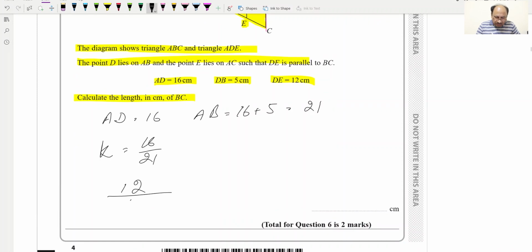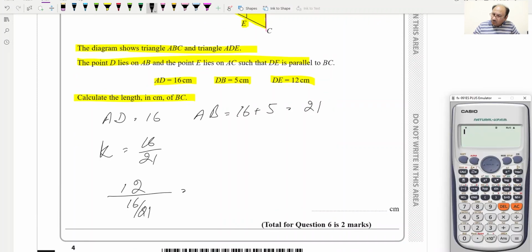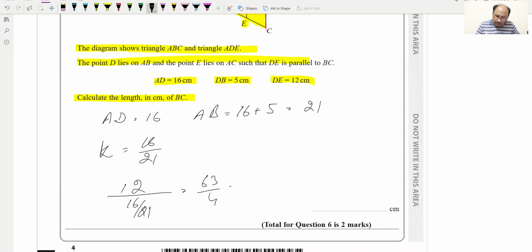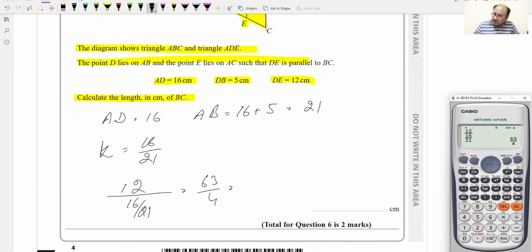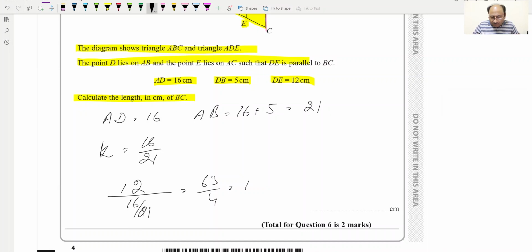So we can write 12 over 16 over 21 and this one is equal to 63 by 4, and the decimal answer will be 15.75. This is in centimeters and 15.75 is the final answer for the 2 marks question.